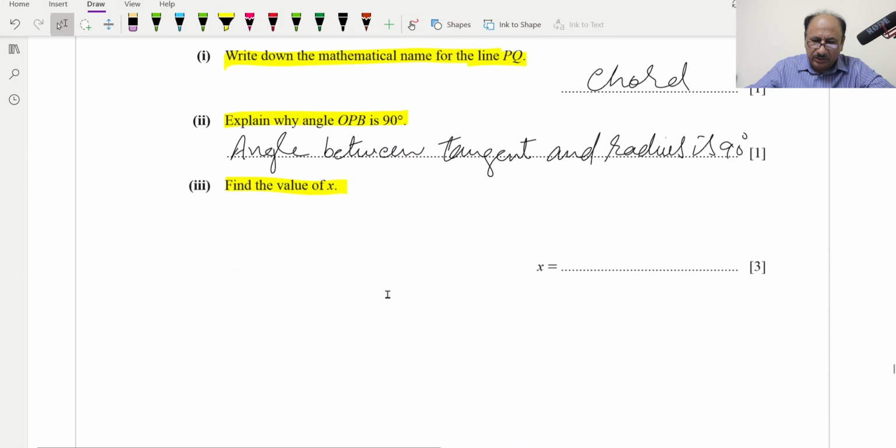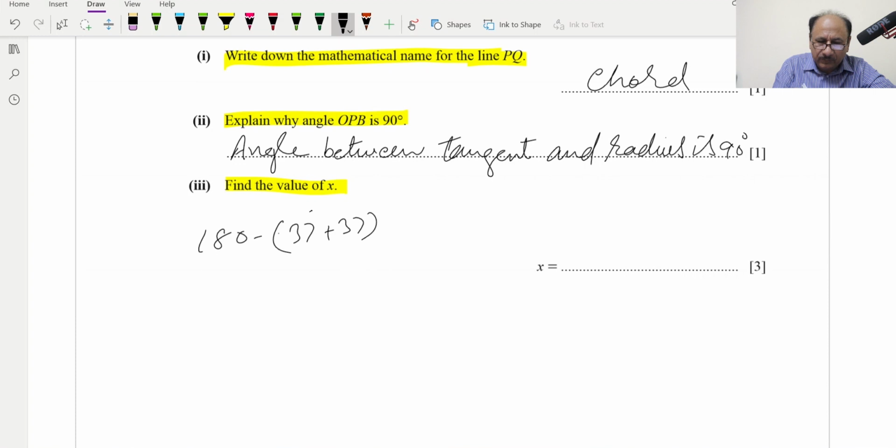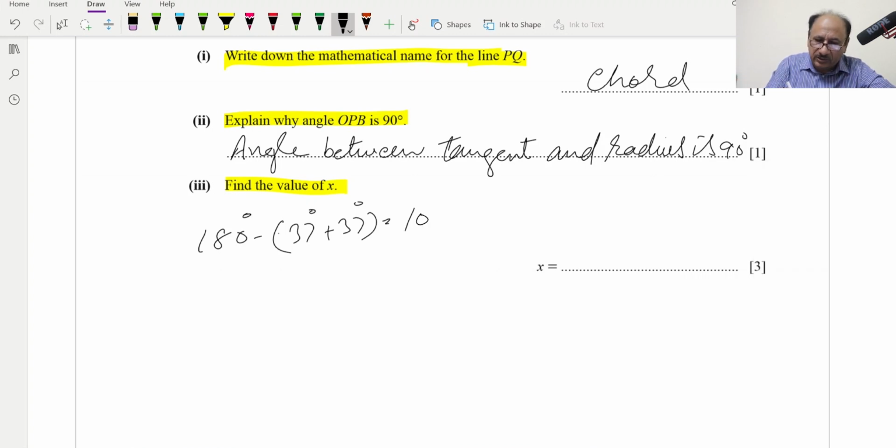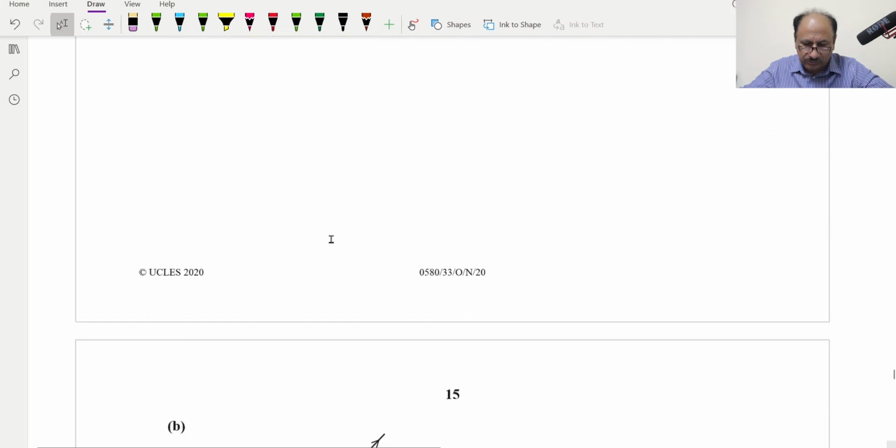So we can write over here 180 minus (37 plus 37) degrees, and this is equal to 106 degrees. Our answer will be 106 degrees. 3 marks, very easy question, straightforward.